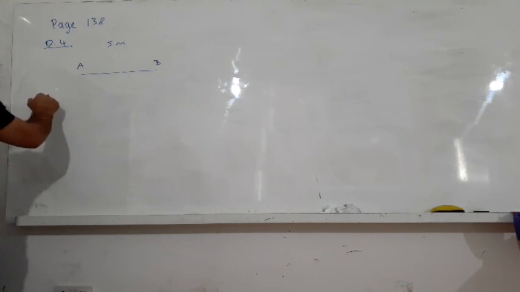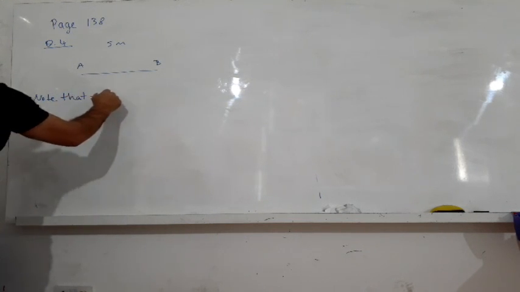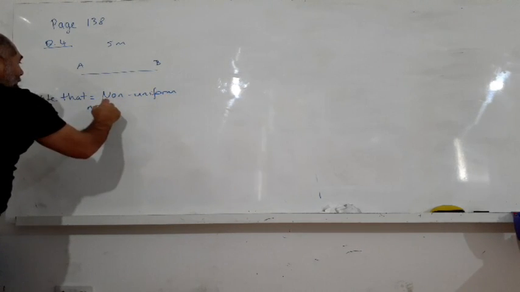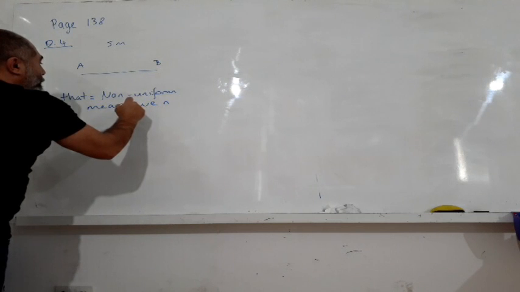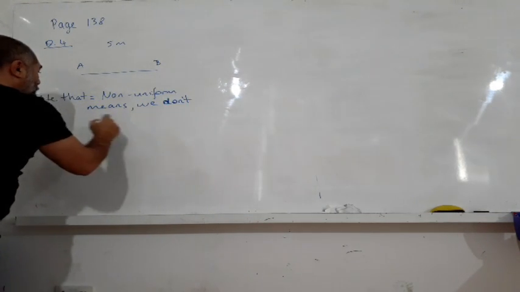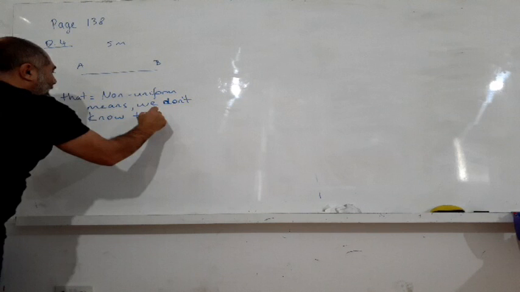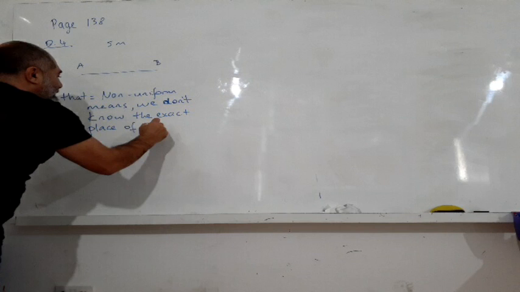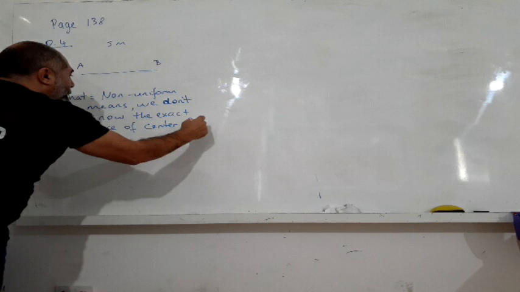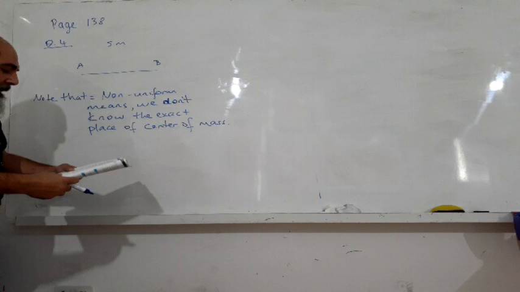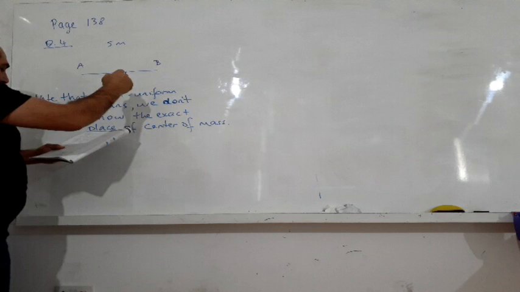Non-uniform means we don't know the exact place of the center of mass. Say it is somewhere here. 15G.